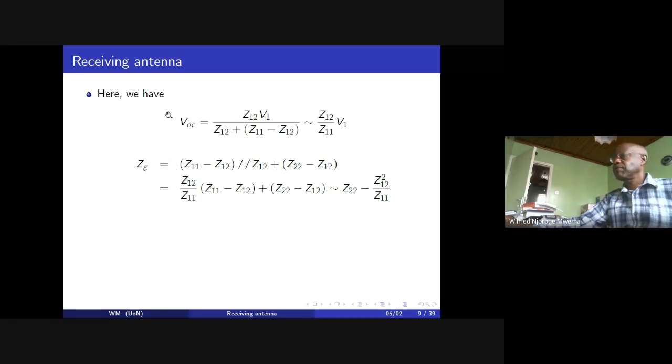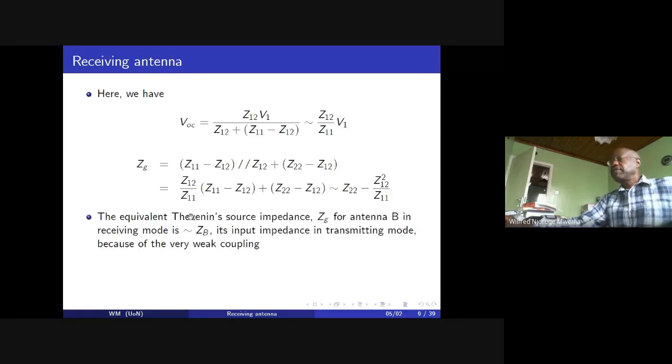For a good voltage source, of course, the impedance is going to be a short circuit, and therefore you just have Z11 minus Z12 being in parallel with Z12 and in series with that output arm, and we get a value of Z22 minus Z12 all squared over Z11.